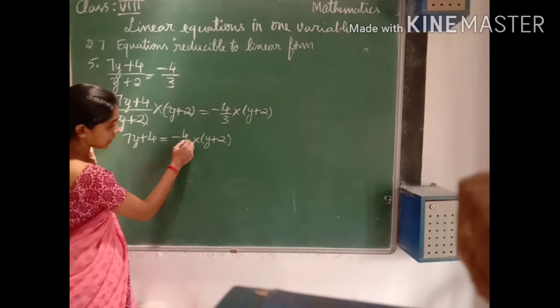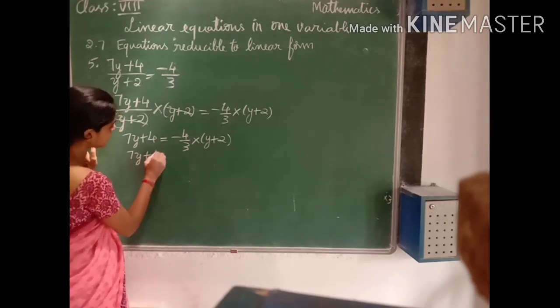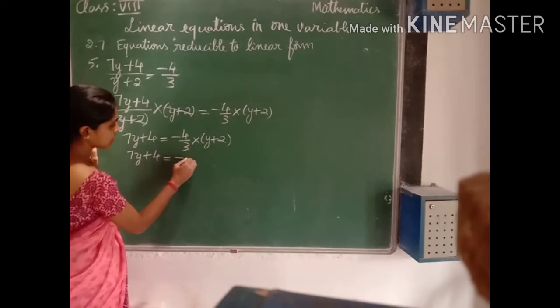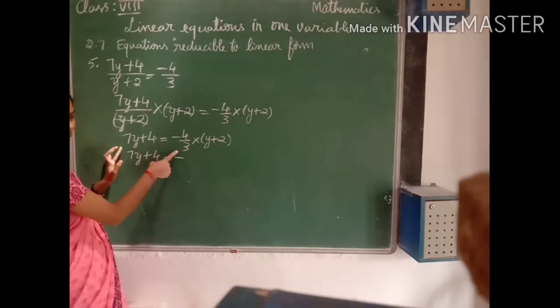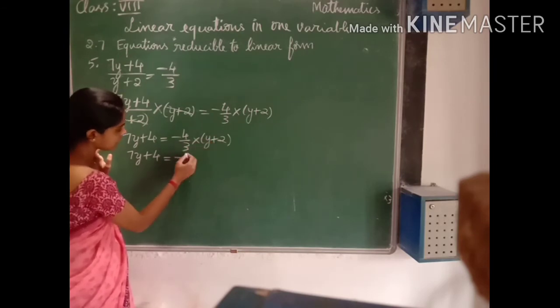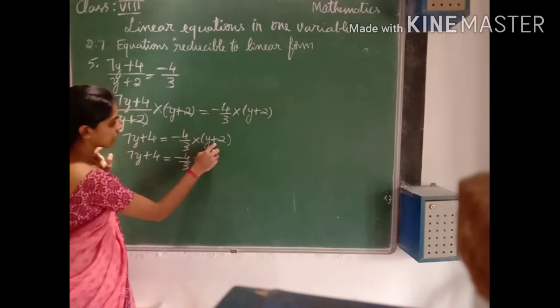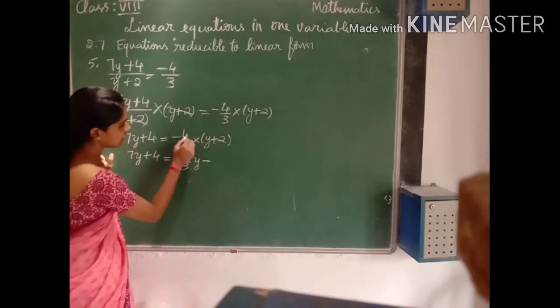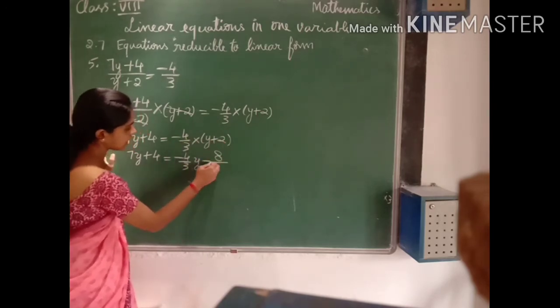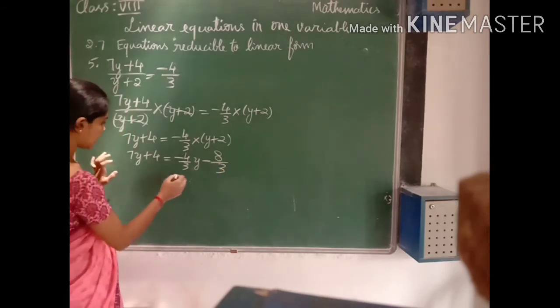Now multiply the constant term to the bracket. 7y plus 4 is equal to minus, this is in the linear equation form, minus 4 by 3 into y is minus 4 by 3y. Minus into plus is minus, then 4 2s are 8 by 3. Now we separate the constant term and variable terms.